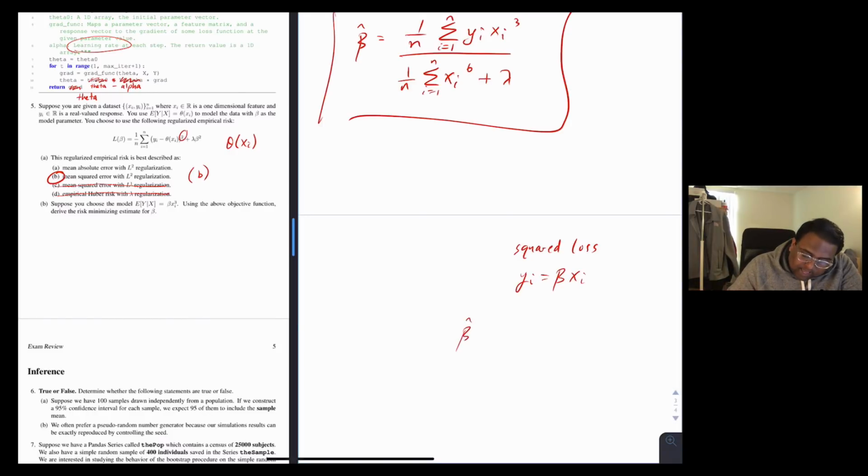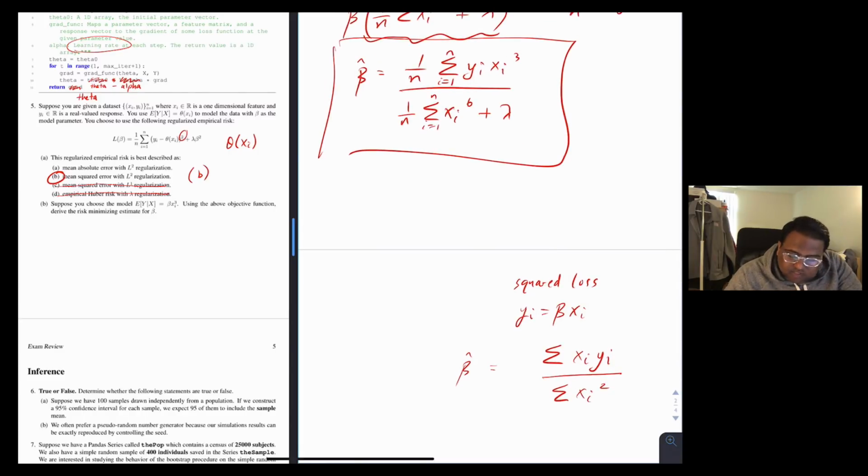The optimum beta hat ended up being the sum of xi times yi divided by the sum of xi squared. You can see the parallels between this earlier result and the result we have here. We really just replace all the xi's with xi cubed. And instead of having xi squared on the bottom, we have xi to the 6. It's a little different because now we're using regularization as well.